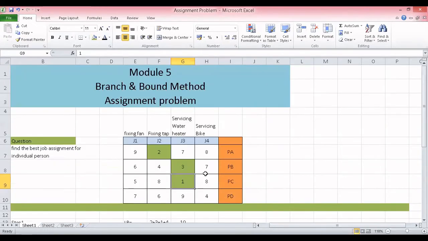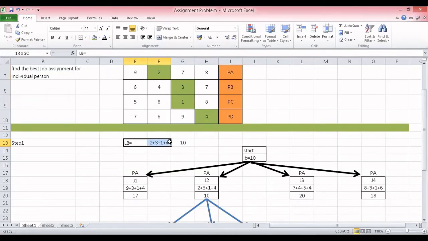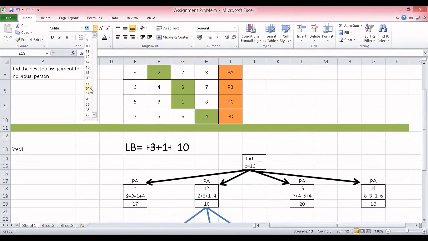Coming to person D, the minimum cost demanded by person D is for job 4. Okay. Now we have selected the minimum cost demanded by each person. Now we are going to find the sum of that. I'll just increase the font size and show it to you.